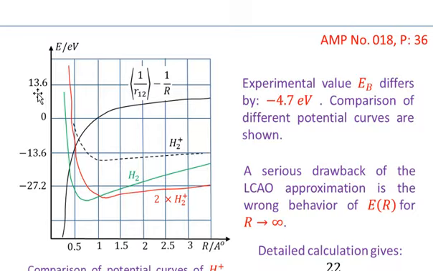On the vertical side I have shown 13.6 electron volt as the ionization potential energy of the individual hydrogen atom, then 0 energy, then minus 13.6 electron volt, the binding energy of the single hydrogen atom, and its twice value, which is minus 27.2.